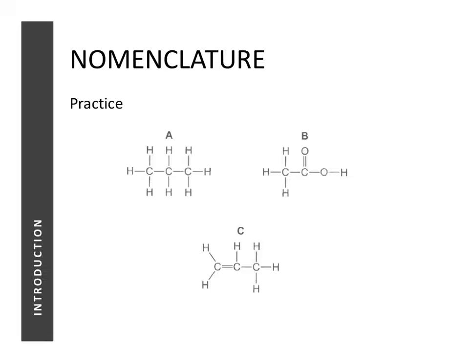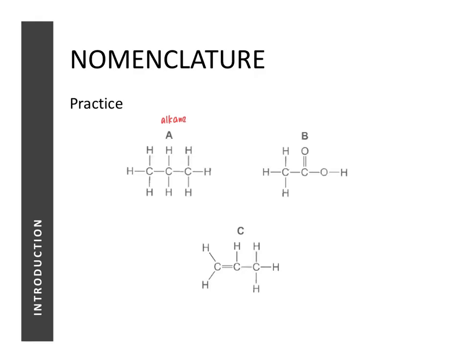Now, there are three organic compounds given on this page. You can see that they contain carbon, hydrogen, and one of them contains oxygen. We're going to try to name these three compounds. First, let's identify what homologous series or family each belongs to. If you look at A, it doesn't seem to contain any special feature, so A is actually an alkane.